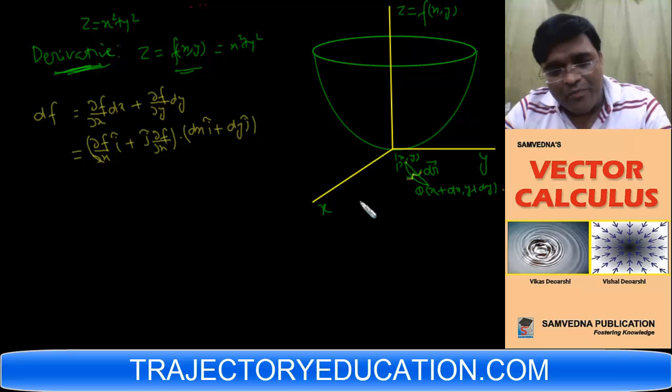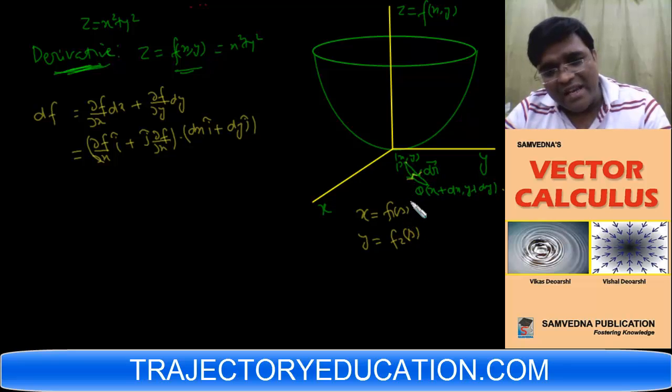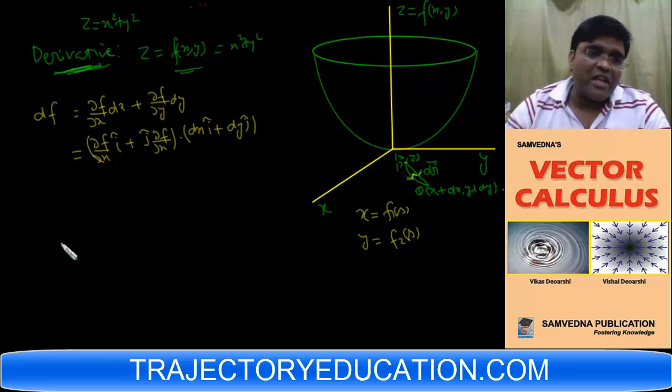This is a vector from the initial point to the final point. So on this curve, let's say x is a function of s, the length of the curve. s is a parameter. y is a function of s. s denotes the length of the curve till this point, x and y.